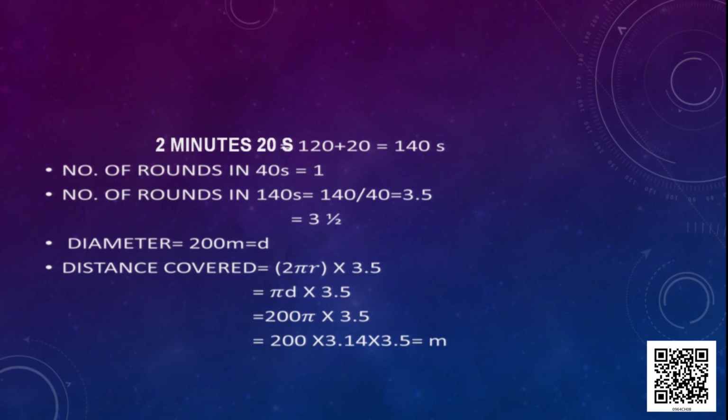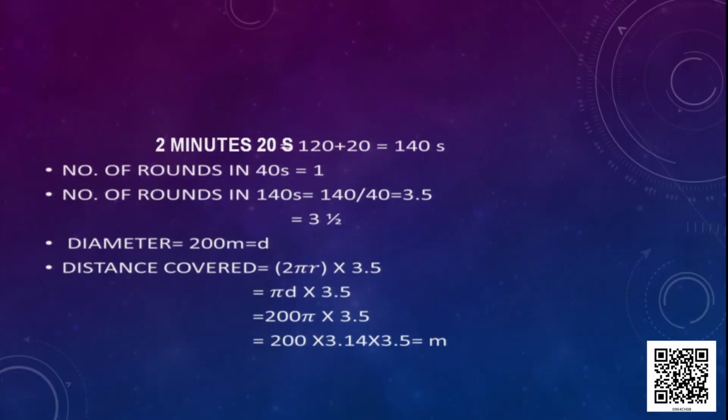So 2 pi r into 3.5 equals pi D into 3.5, because D equals 2r. Therefore pi D into 3.5 equals 200 pi into 3.5. The value of pi is 3.14, into 3.5. Please calculate that value in your notebook.